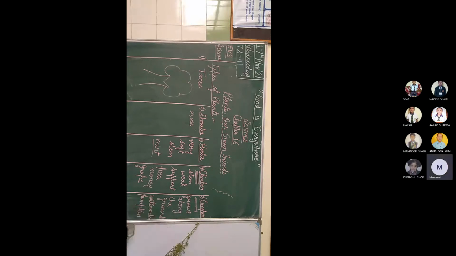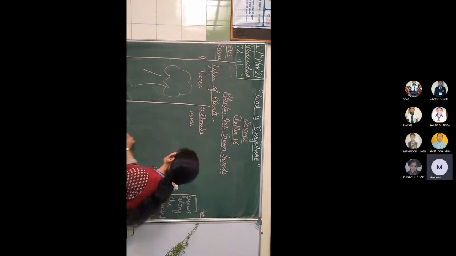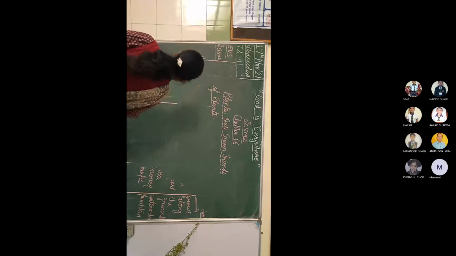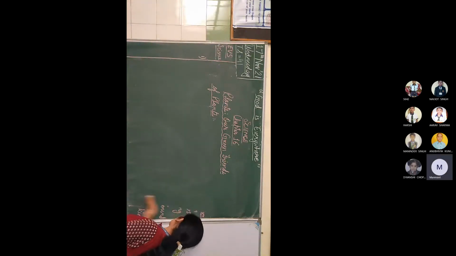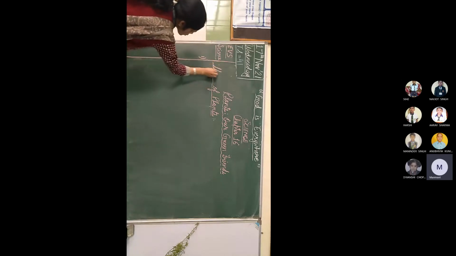Now next, children, we are going to start reading the uses of plants. We have plants and we get many benefits from plants. That's why they keep on saying grow more plants, grow plants.